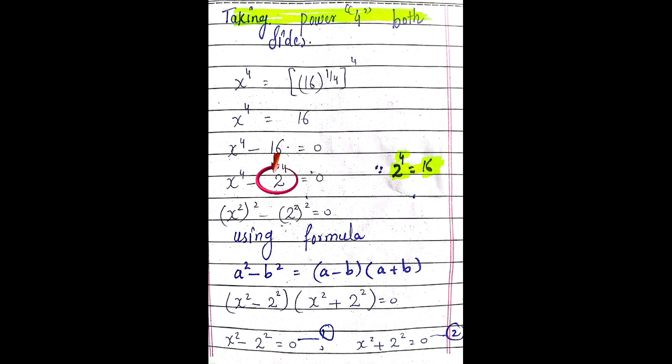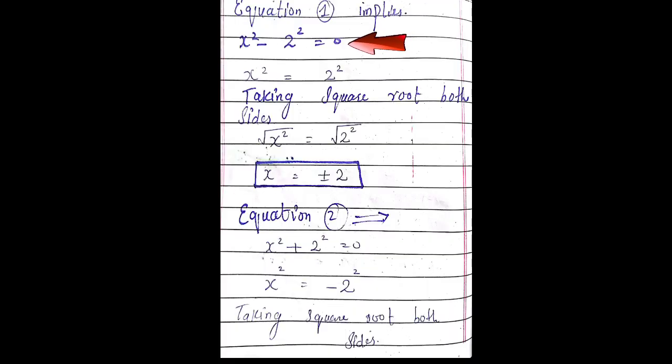Next, shift the right term to the left side. Write 16 as 2 power 4, because both are the same. Then we apply this formula on this. After applying the formula, we can write the terms separately: that is equation 1, and that is equation 2. Let's solve equation 1: x square minus 2 square, taking square root.